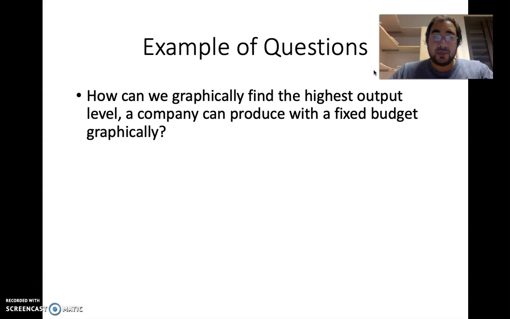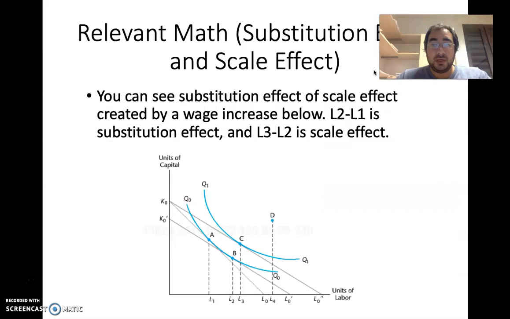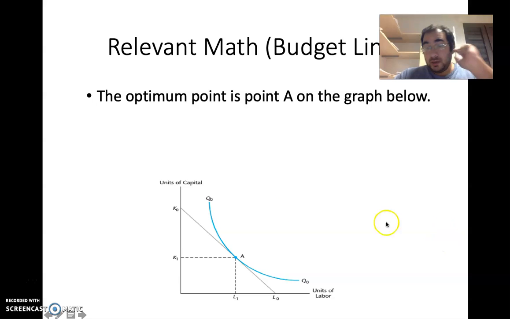Now we can look at examples of questions. How can we graphically find the highest output level a company can produce with a fixed budget? Basically this way: we find the isoquant to which our budget line is tangent, and the point at which this budget line and that isoquant meet represents the optimal level of capital and labor.